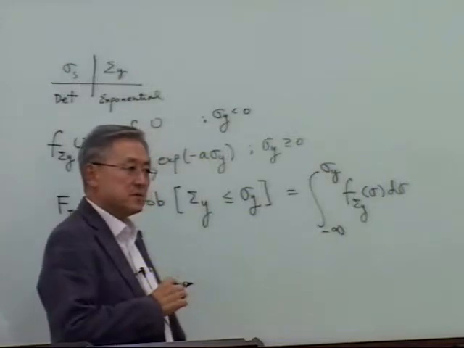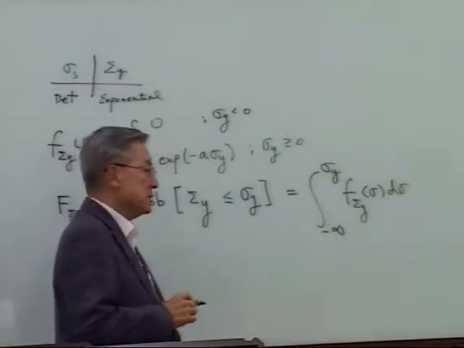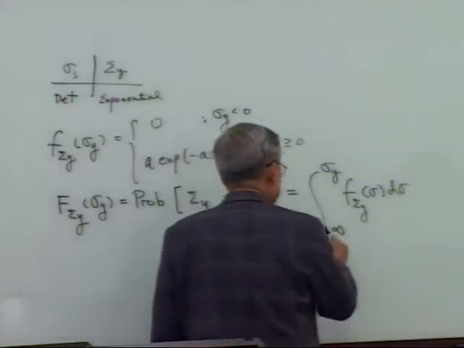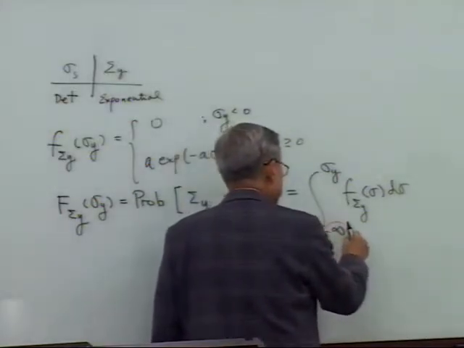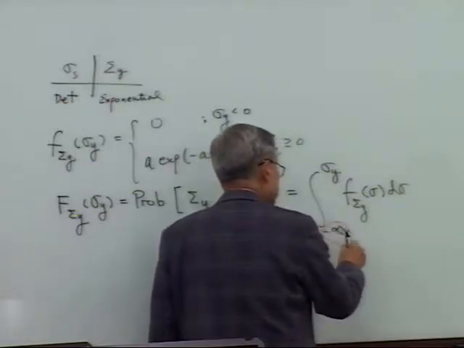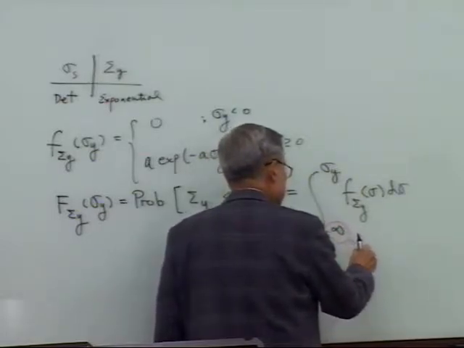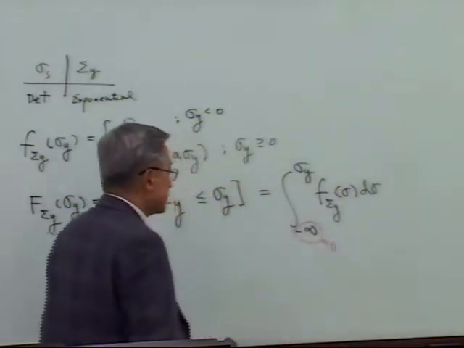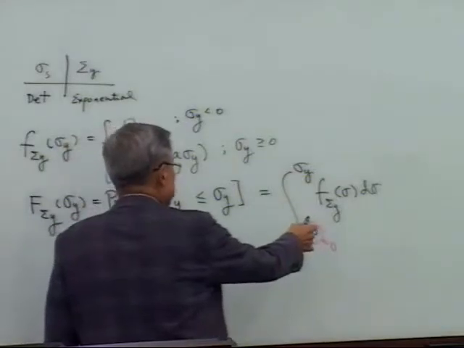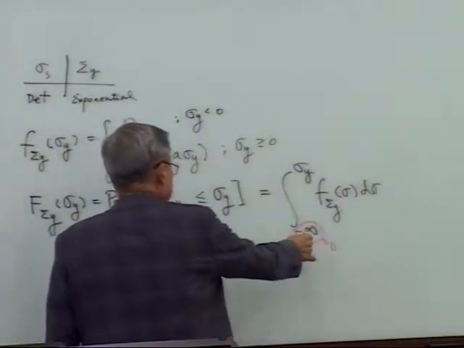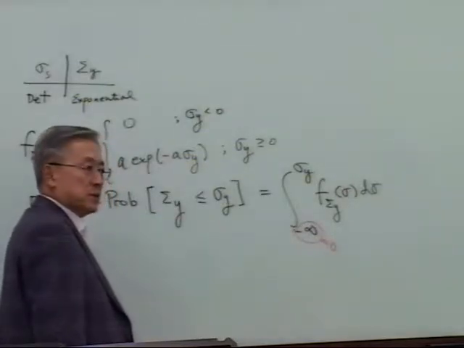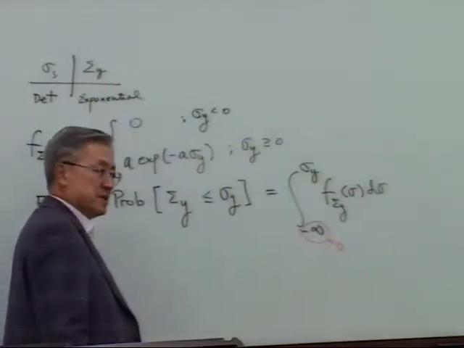In this case, for the exponential distribution model, this is a density model, and this minus infinity you have to replace with 0. Some corrections. Mathematically, it's good. For this case, the lower limit has to be 0 and the upper limit is sigma y, which is a given specific value.